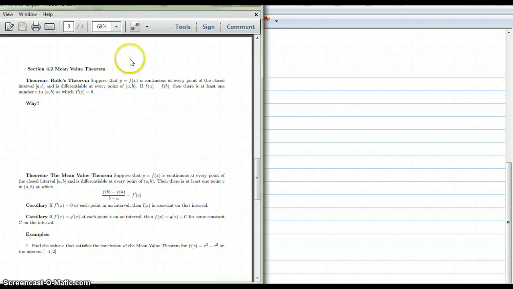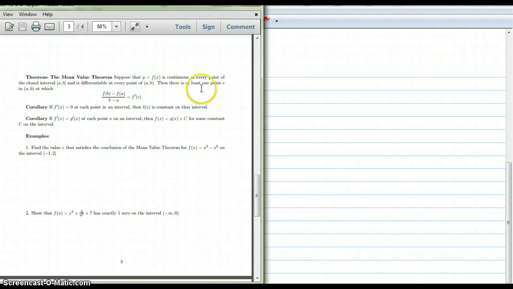Now, the mean value theorem. We don't care about f of a equaling f of b, and it's actually more general. What it says is that if you're differentiable, there is some point c. So this is the mean value theorem, which we just say MVT.